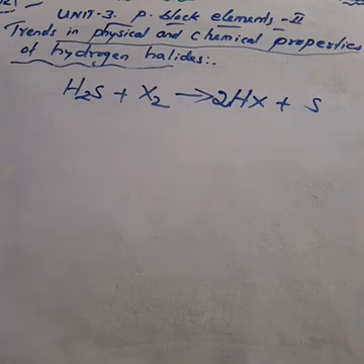Next, hydrogen chloride is obtained as a byproduct of the reaction between hydrocarbons and halogens. For example, which one is a hydrocarbon?